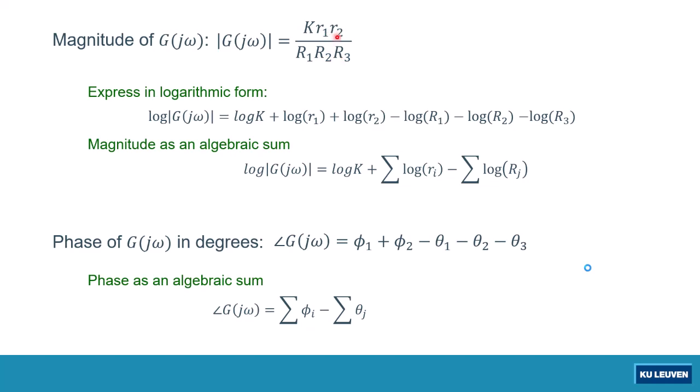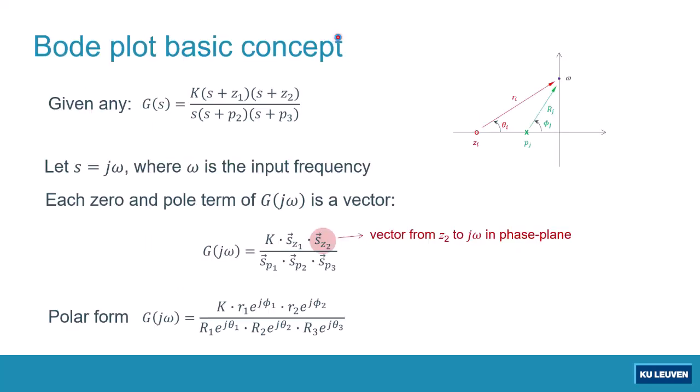These are the norms of the factors. If I go back to the previous slide, r1 is the magnitude of the factor from Z1 to ω. Same thing, the capital R1 is the length of the factor from pole P1 to ω.